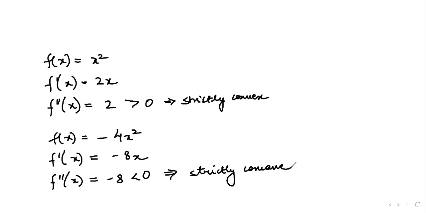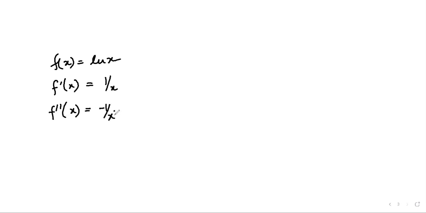Let's take a few more examples. So f of x is equal to ln x. F dash x will be 1 by x. F double dash x will be minus 1 by x square. We know this function is going to have two parts.